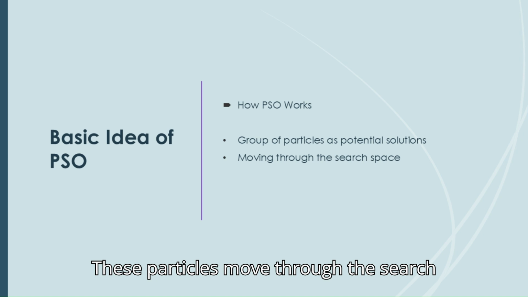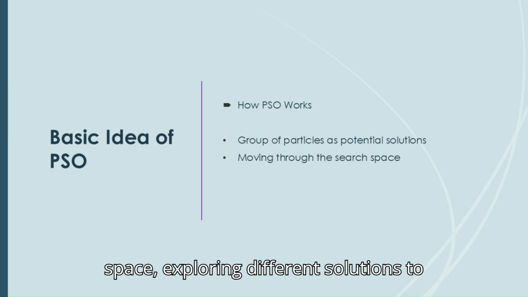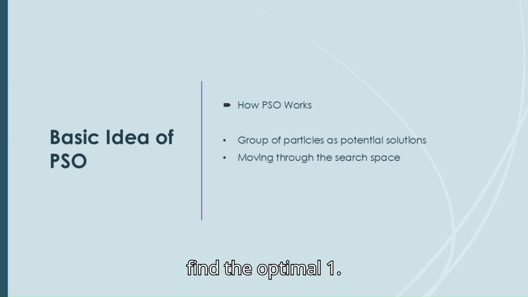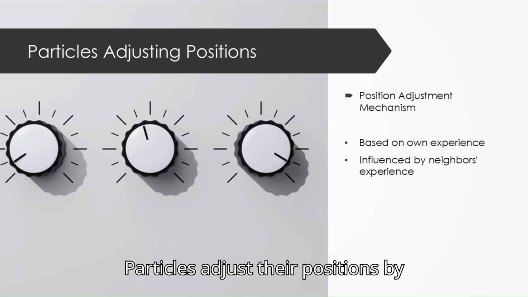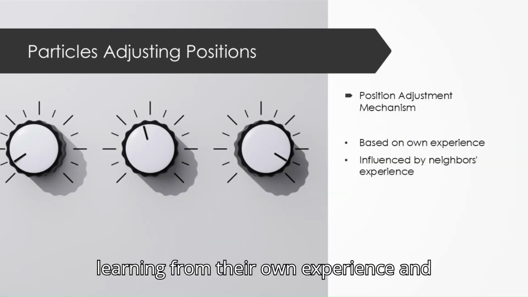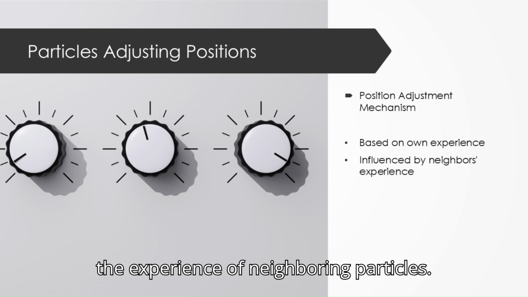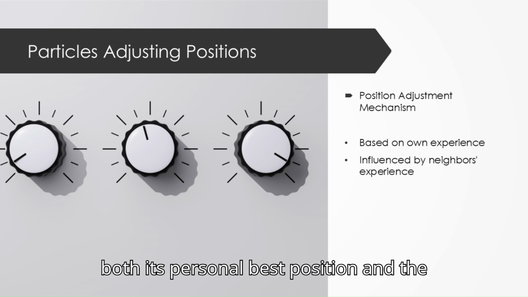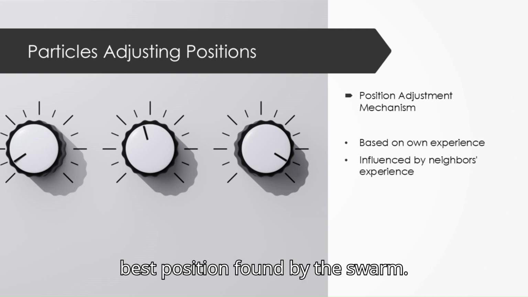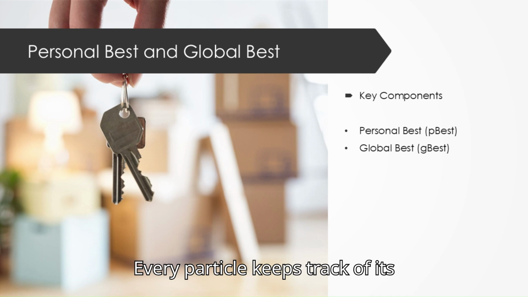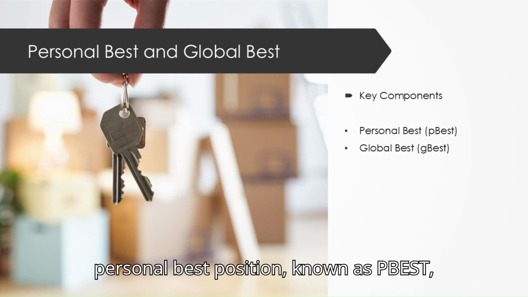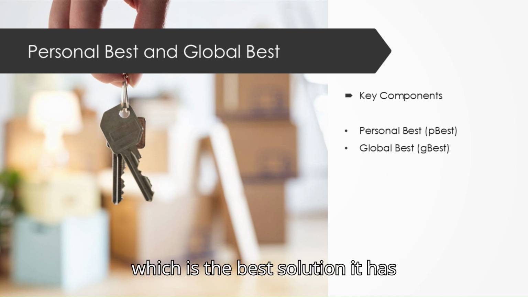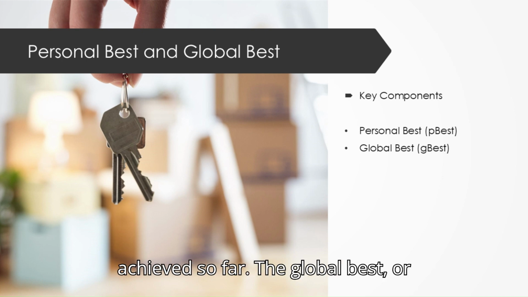These particles move through the search space, exploring different solutions to find the optimal one. Particles adjust their positions by learning from their own experience and the experience of neighboring particles. This means each particle is influenced by both its personal best position and the best position found by the swarm. Every particle keeps track of its personal best position, known as P-best, which is the best solution it has achieved so far.